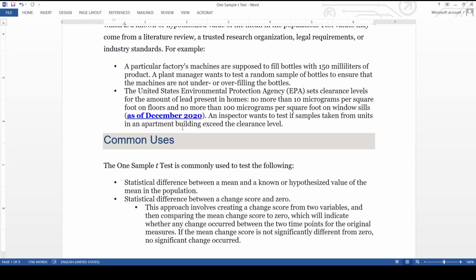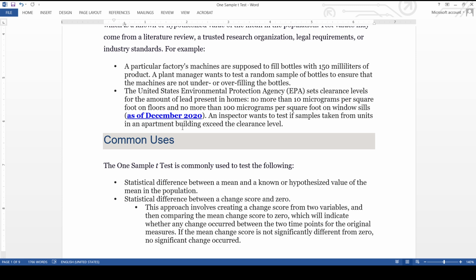A plant manager wants to test a random sample of bottles to ensure that the machines are not under or overfilling the bottles. Which means you want to test that the machine can fill the bottle adequately so that it is not underfilled or overfilled. You use a t-test to compare the means.